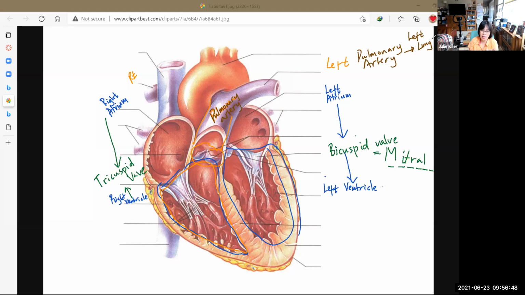Why? What's their mission? Why do they want to go to the lung? Oh, they are carrying poor oxygen blood. They have a wonderful mission: go to the lungs and then release that carbon dioxide in the alveoli, like millions of them, and then grab the oxygen.